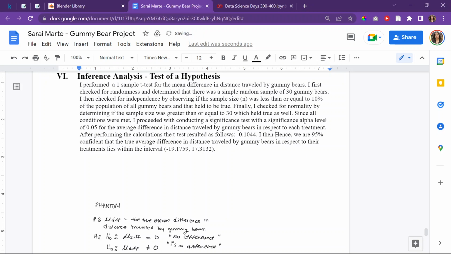Hence, I then found the p-value using the t statistic.